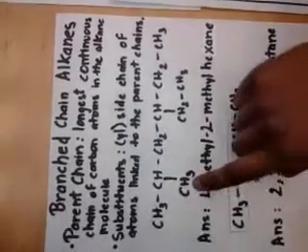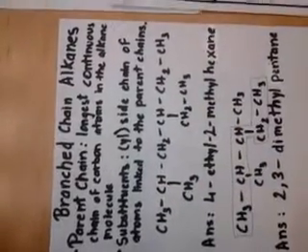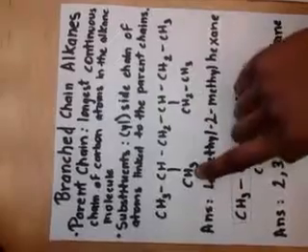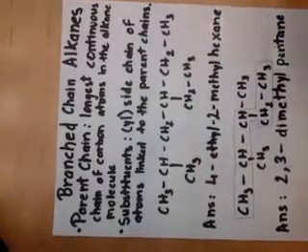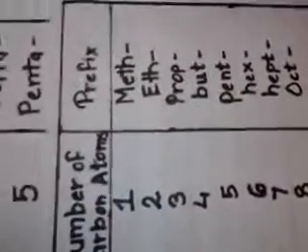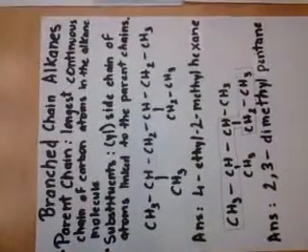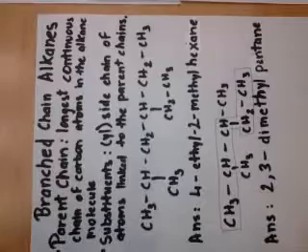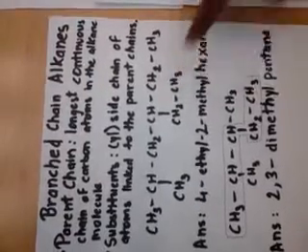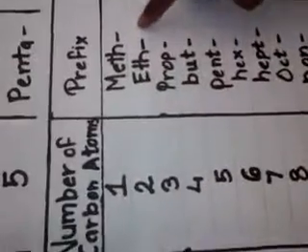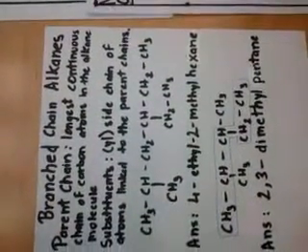In this case, there's 1 and 2. And since there's one carbon chain here, use the prefix meth and -yl to complete the name, methyl. In this case, there's 1, 2, so use the name eth and add -yl to complete the name ethyl.